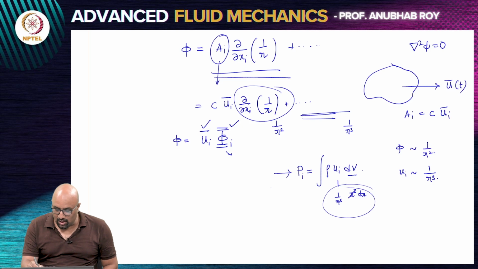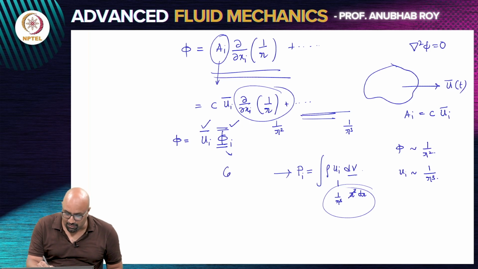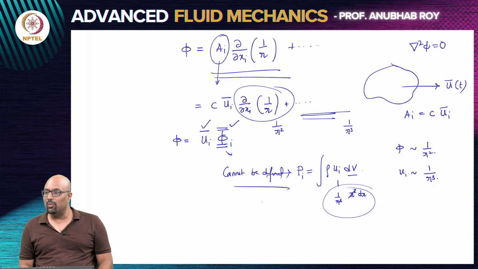So, this quantity, the momentum for the problem, when you have a translating body in irrotational flow, is something that cannot be defined, and which is a bit of a puzzle, because if you are not able to define momentum, how do we define something like a drag, which is rate of change of momentum? So, we will think a little bit about this, and this will take us to our idea of a concept called added mass.